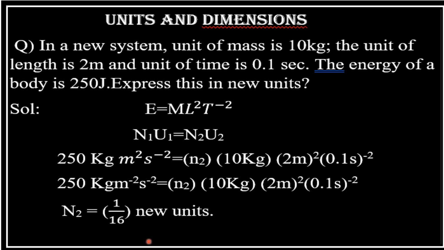We all know the energy dimensional formula, which we should remember, equals ml square t power minus 2. Here we should write N1U1 equals N2U2. Here the number 250 represents N1 and the units from these terms are ml square t power minus 2, kg meter square second power minus 2.